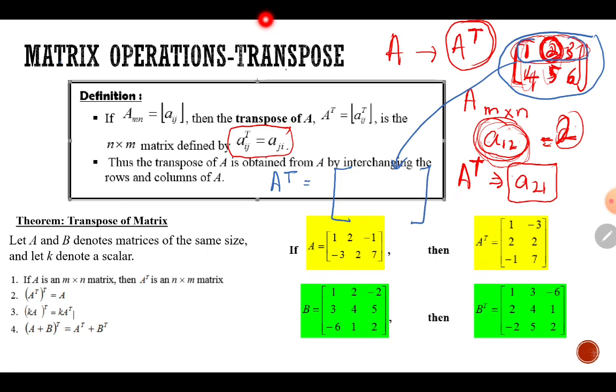Row menjadi column, column menjadi row. So sekarang ni first row kita adalah 1, 2, 3, betul? Right? So this is our first row, 1, 2, 3. So instead of become the first row, now it become first column. So 1, 2, 3 dia menjadi first column. And 4, 5, 6, second row ni akan menjadi second column.